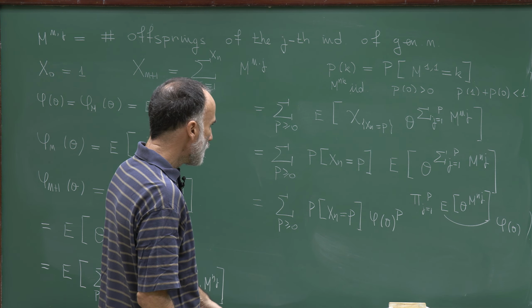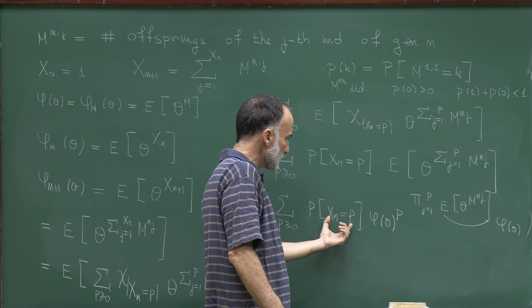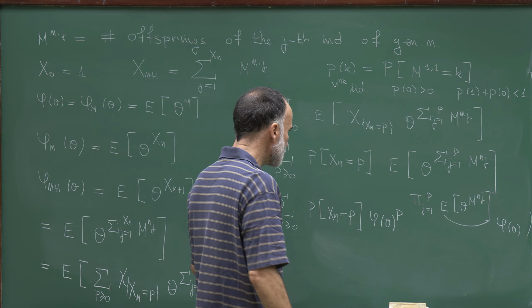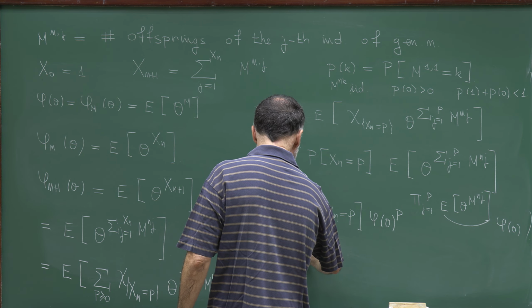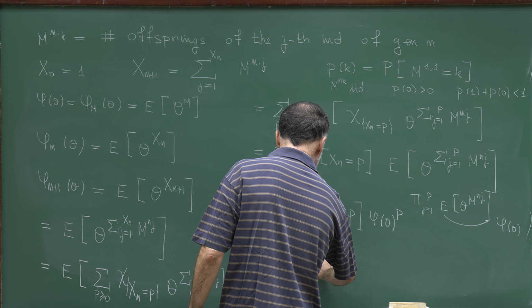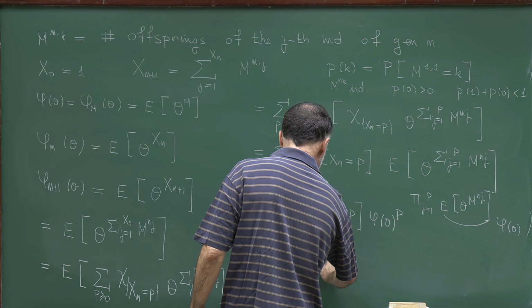And so what appeared here is the sum over p of the probability that xn is equal to p, times phi of theta to the p, and this is equal to the expectation of phi of theta to the xn.